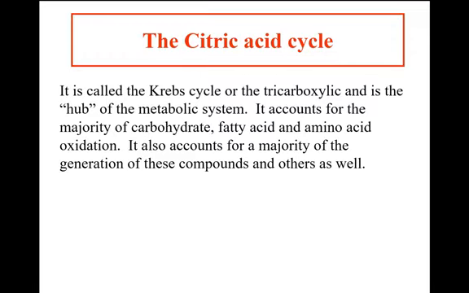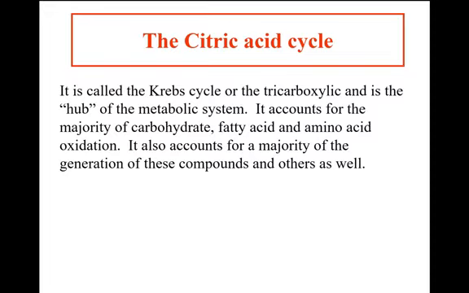And so this is where we're talking more about the breakdown of the carbohydrates. The citric acid cycle is also called the Krebs cycle, or the tricarboxylic acid cycle, and is the hub of the metabolic system.